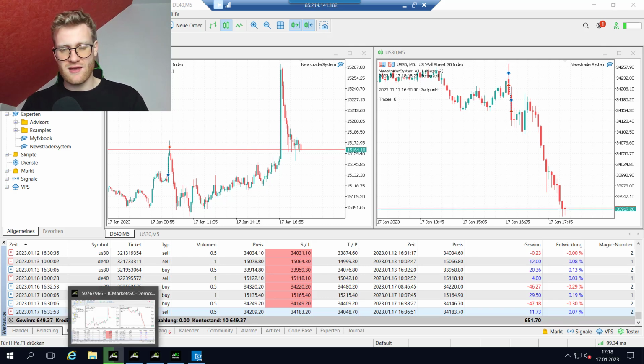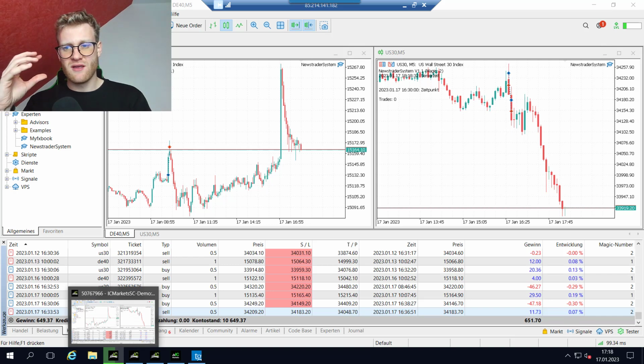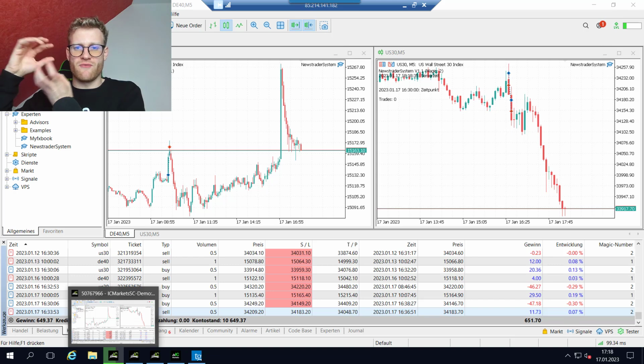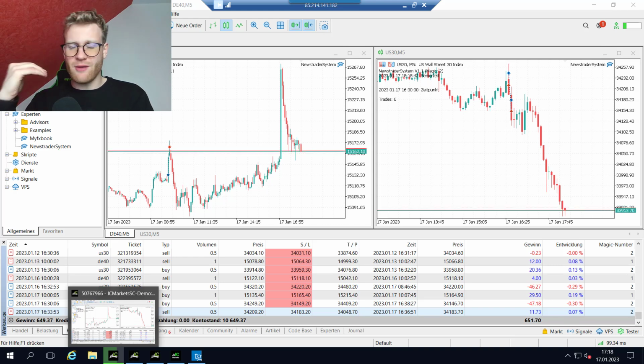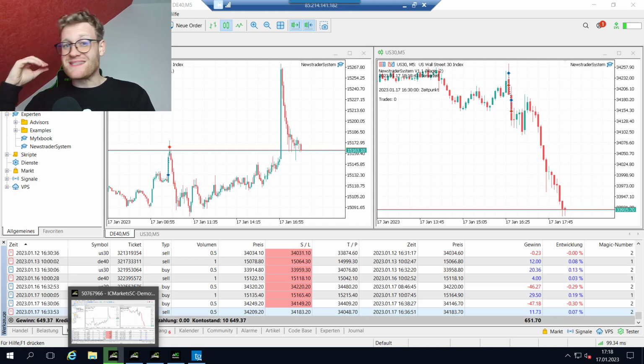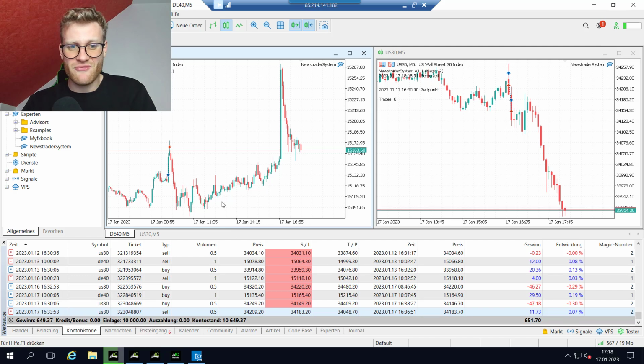And if you start working like this, so you put profitability in the first place, and you just try to be profitable, even if you're not doubling your account every single year, you are still better than 80 or 90% of all the traders out there, because most traders actually lose, and that's a fact.